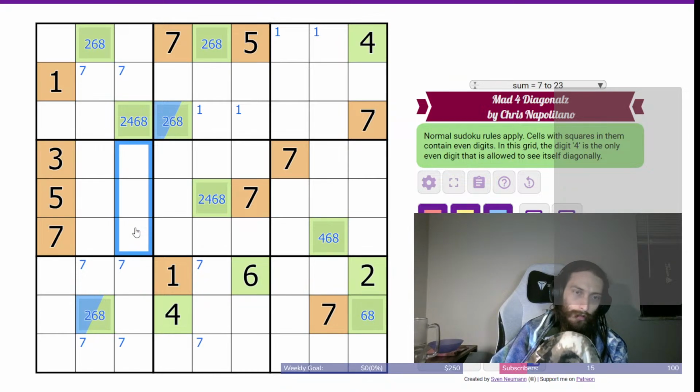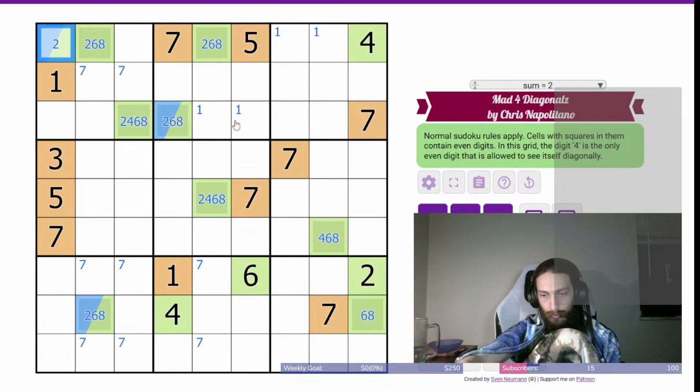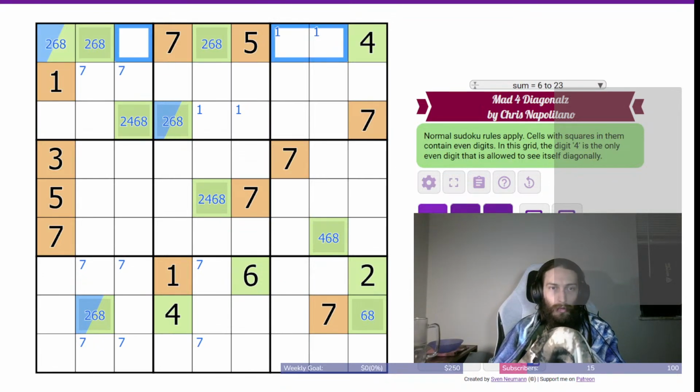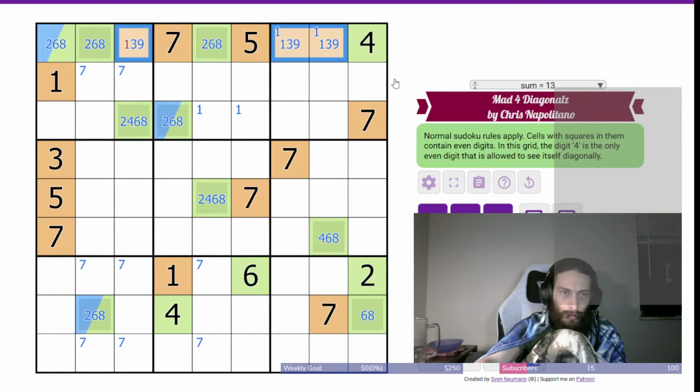Which would give us blue on this side. But blue wouldn't be able to be here. Yeah. So it would have to be over here, and then it rolls out of the bottom. And that gives us the rest of the row: 1, 3, and 9.